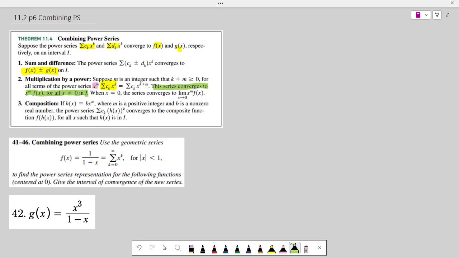So the power on these x's has to be a non-negative integer. Theoretically, if this is x to the k, this m could be negative as long as k plus m is greater than or equal to 0. But it's possible that this is like x to the -1.